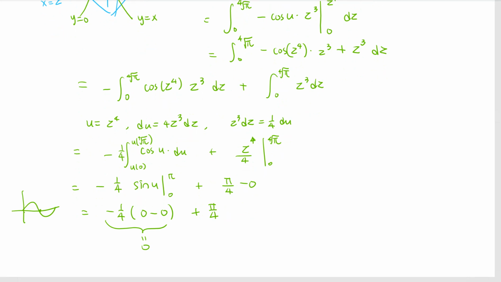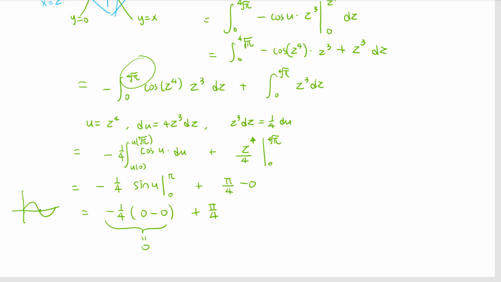You might say, what? And that is possible. But think about it. That is because our z value is from 0 to 4th root of pi. If I give you the z value from 0 to 4th root of pi over 2, then you will get a non-zero answer for it.